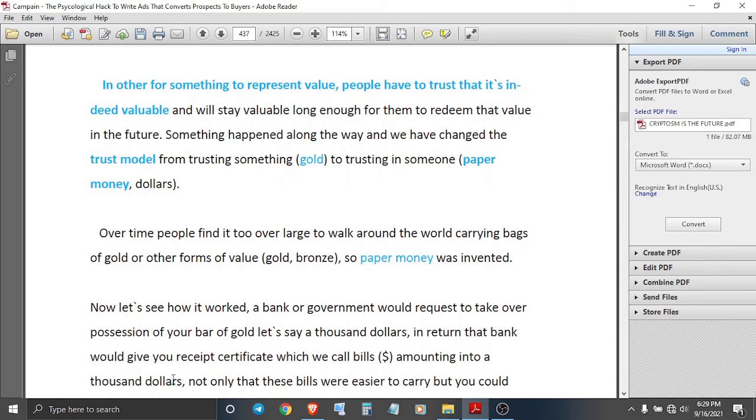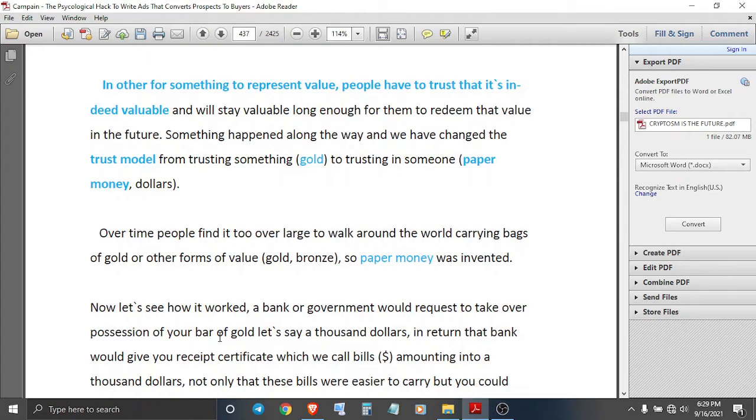It's still the same thing I'm trying to say here. The bank or the government itself, though banks hadn't been invented, will give you back the bar of gold that you deposited, which they claimed ownership of while their bill was with you.